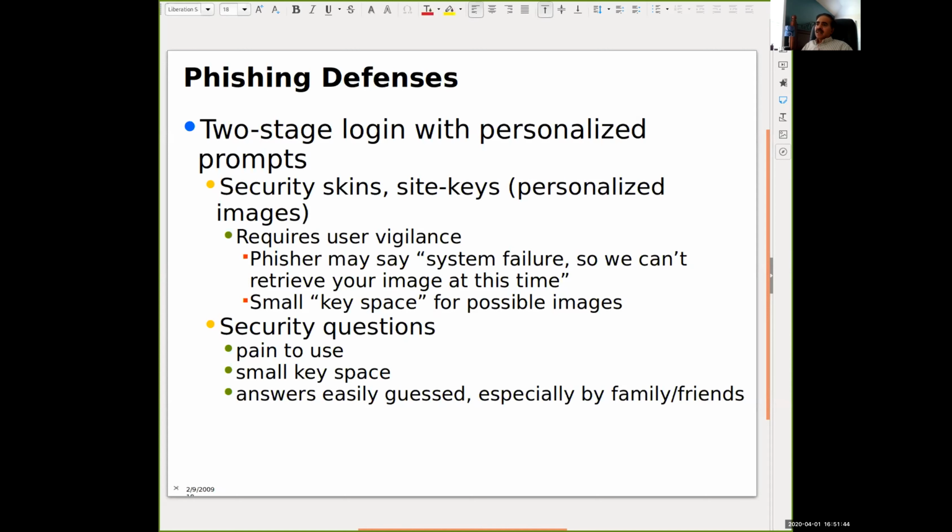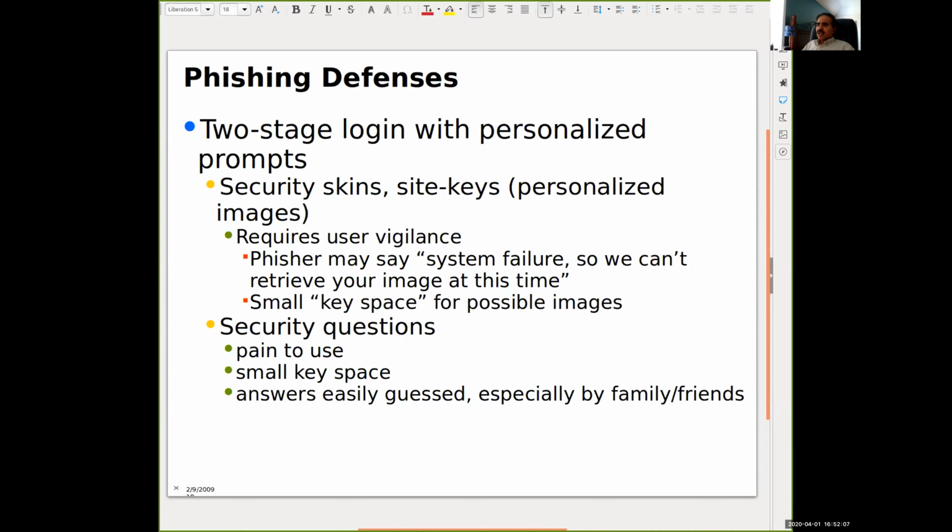Okay. More importantly, it assumes that the user is going to really look for this personalized prompt, okay, which might be a personalized image. Unfortunately, users are usually not that careful. They are in a rush, and they are typing in passwords almost reflexively.